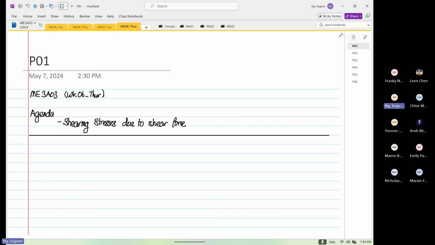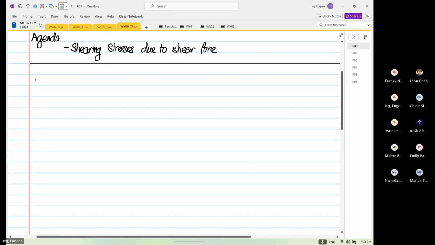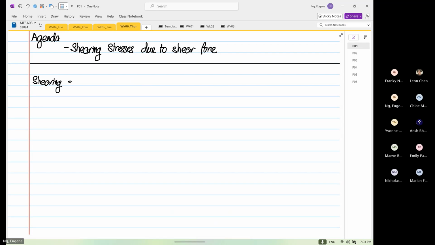Just to start this off, shearing stress due to shear force is one of the most complex chapters in structure analysis.